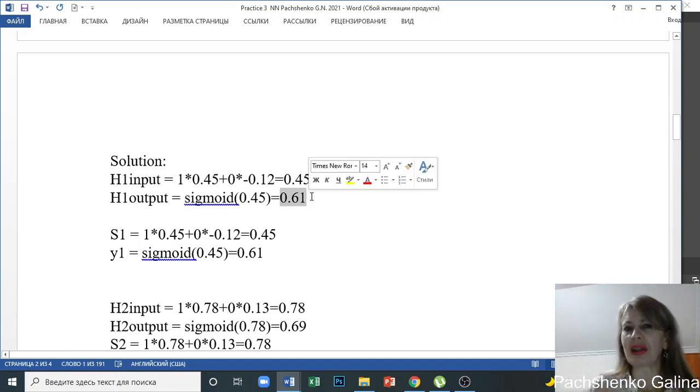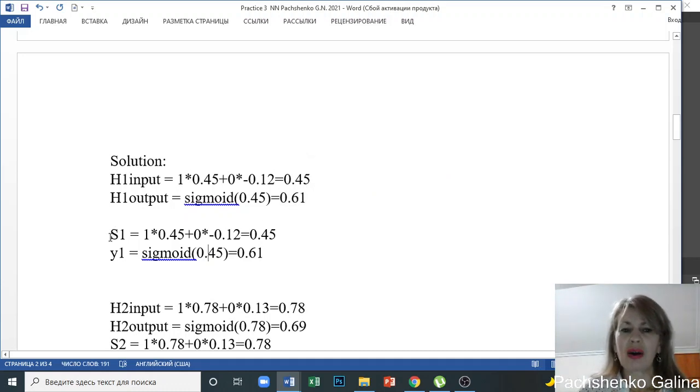We'll check it later using our program. Okay, I write like this, the same with our notation: sum function for neuron 1 and output y1, the output of neuron 1.